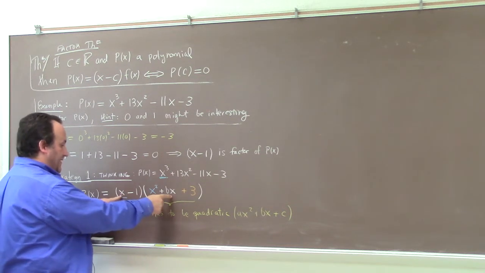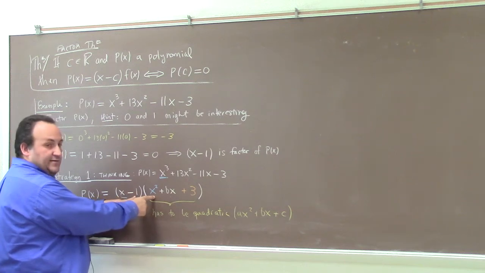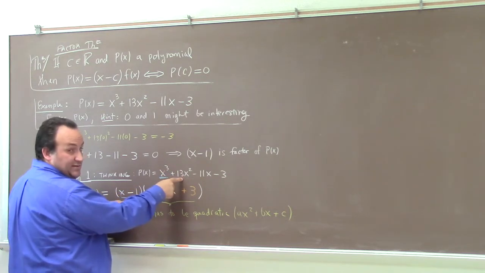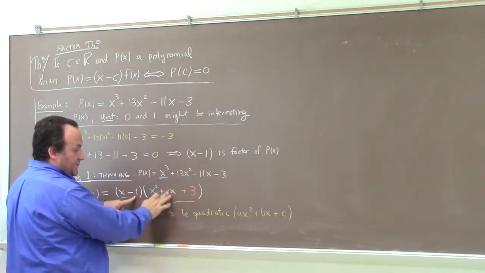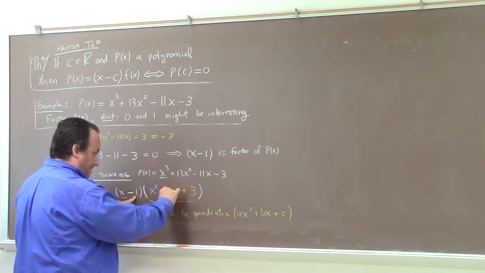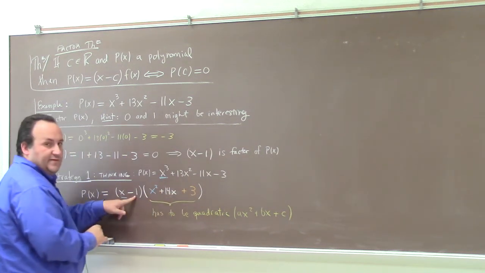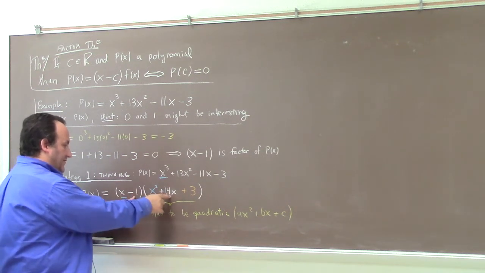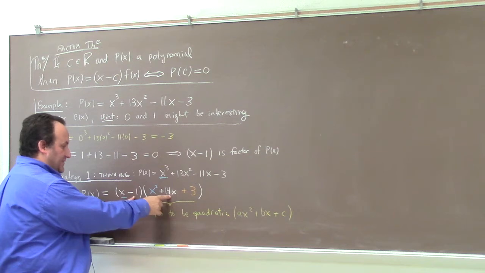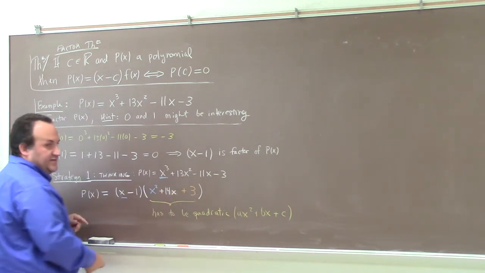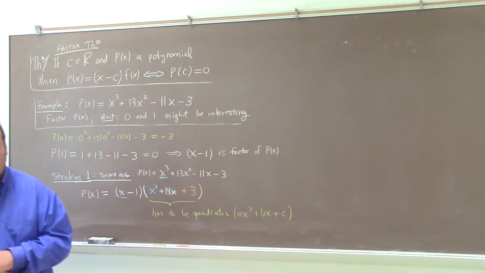So that gives me b minus 1 x squareds from this product. So b minus 1 has to be equal to 13. That forces me to put a 14 here. And then you can check it. So 14 times minus 1 gives me minus 14x plus 3x. Minus 14 plus 3 gives me that minus 11x. Checks.